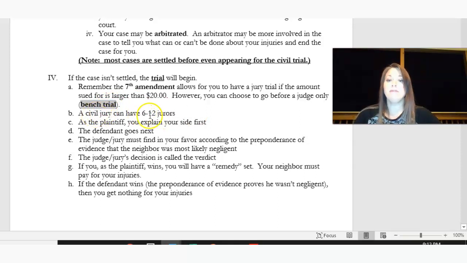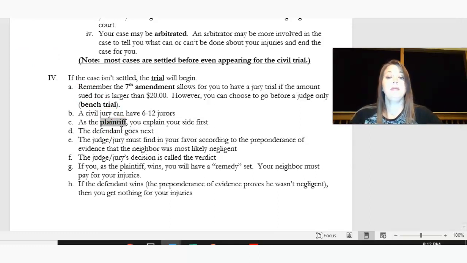Now, a civil jury can have 6 to 12 jurors. This is like the petite jury for a criminal case, but there's no grand jury that happens in a civil trial. As the plaintiff, just like you have in a criminal case, your side goes first, and so you have opening arguments. The plaintiff can go first.